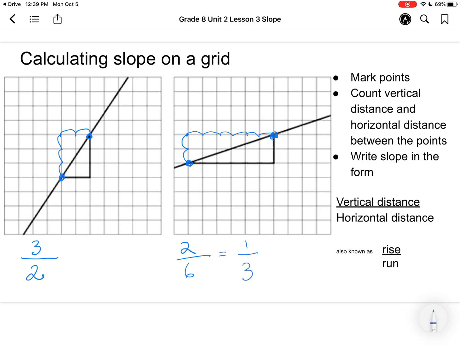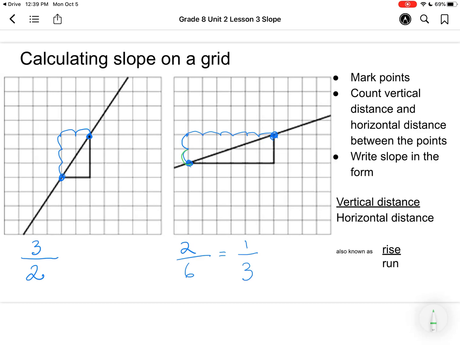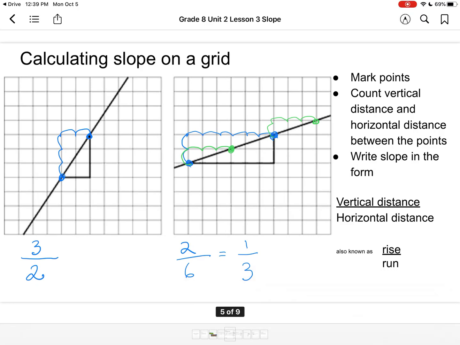And if we look at the graph, we'll see that if we went up just 1 and over 3, there actually is another point here. And same here, if we went up 1 and over 3. So the slope there is 1/3 or 2/6, they're equivalent.